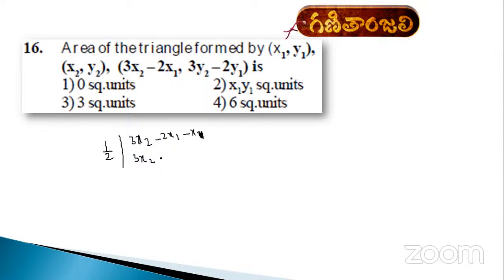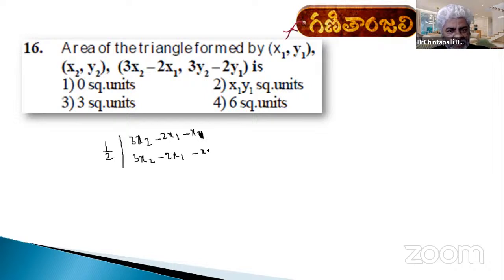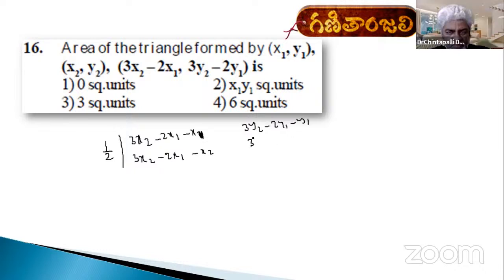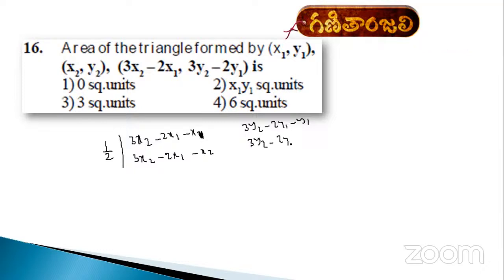Next 3x2 minus 2x1 minus x2, right? Yes, sir. Next 3y2 minus 2y1 minus y1, and 3y2 minus 2y1 minus y2. Got it?